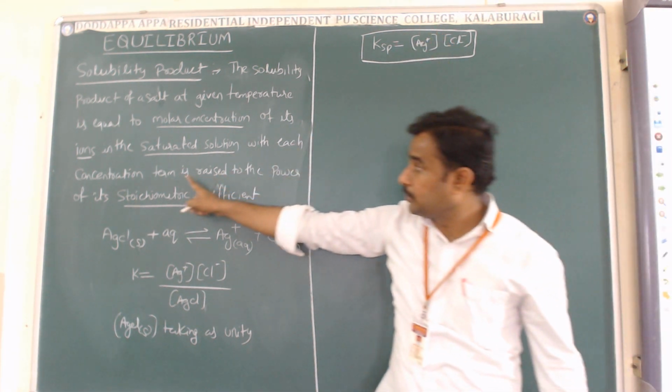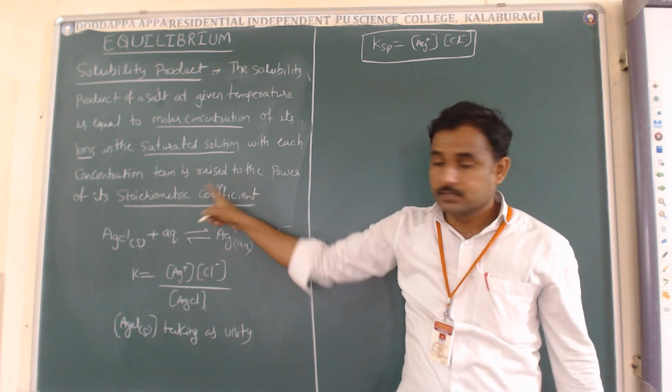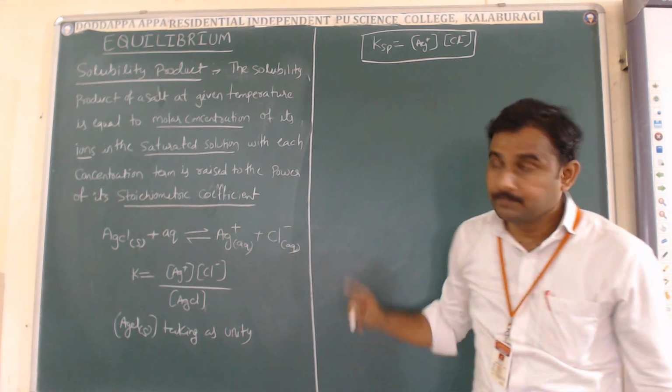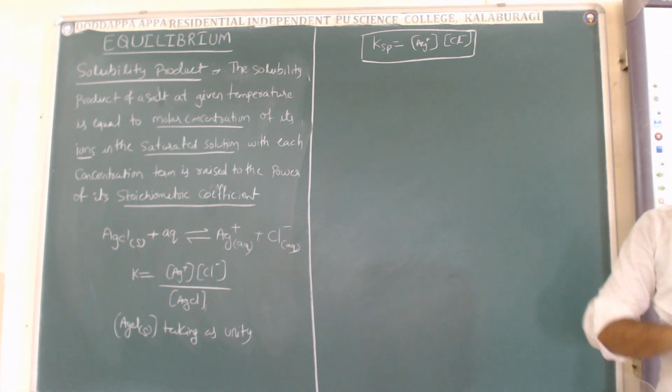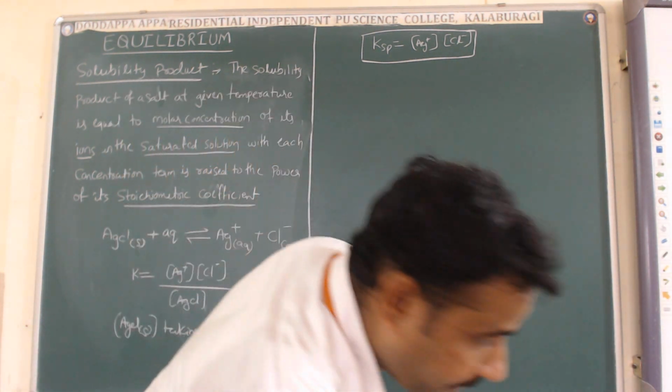That is what the definition says: each concentration is raised to the power of its stoichiometric coefficient. Here the coefficient is 1 for both, so I raised them to the power of 1. Okay, so this is about the solubility product. Next one.